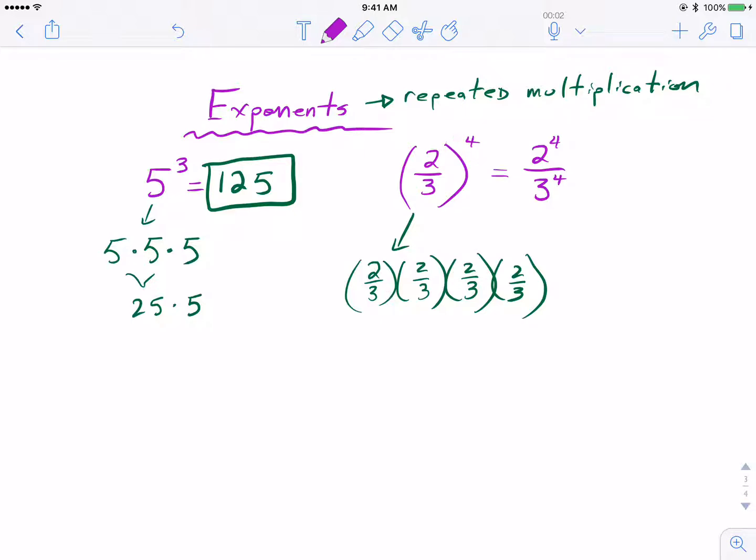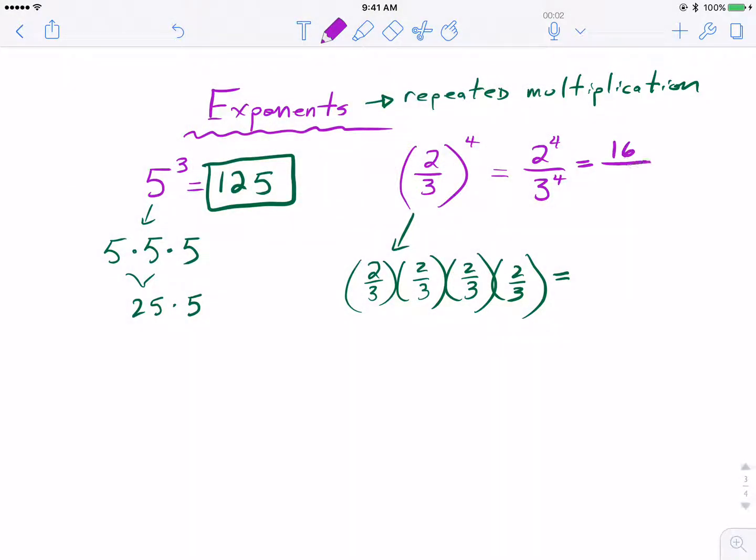Okay, either way kind of makes sense and works, so that we could either do what we had on the bottom there in green, or do what we have over here in purple. Either way, we should arrive at the same answer. 2 times 2 times 2 times 2, or 2 to the fourth power, should be 16.